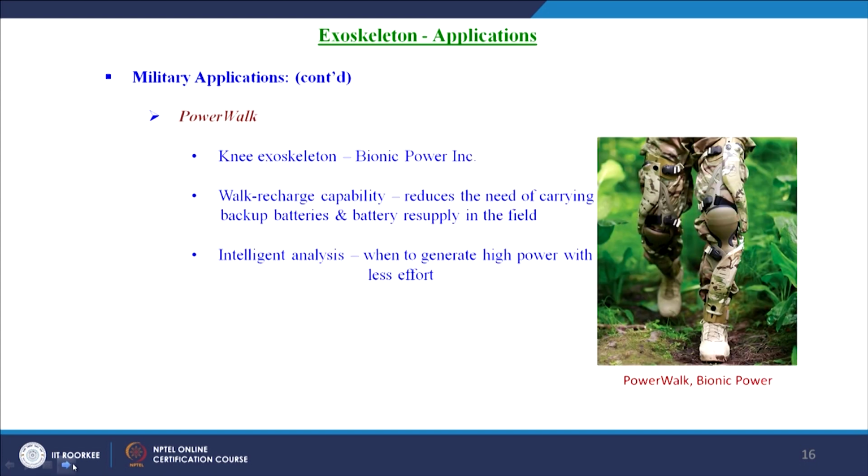and very easily. And now coming to the Powerwalk exoskeleton, which is basically focusing on the knee exoskeleton, a passive exoskeleton developed by Bionic Power Incorporated, and it is a walk-recharge capability based exoskeleton.